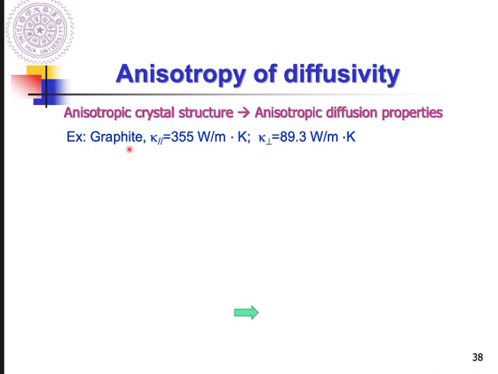We have graphite. And regarding graphite, the thermal conductivity kappa along the plane will be 355 watts per meter K. But if the thermal conductivity is across different graphite planes, or graphite layers, then the thermal conductivity will drop to 89.3 watts per meter K. So this shows you that the thermal conductivity will change with crystal structure as well.